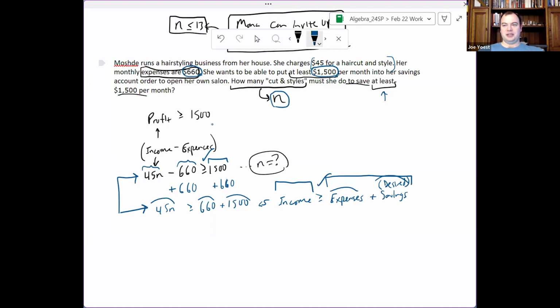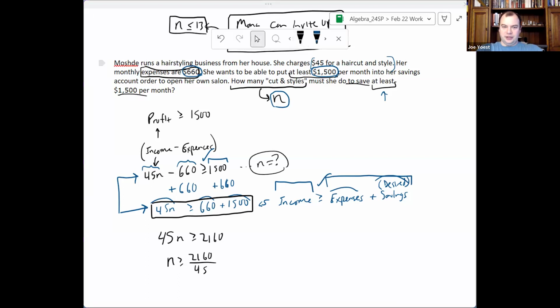But regardless, we get down to the inequality that 45N is bigger than or equal to 660 plus 1,500, or 45N bigger than or equal to 2,160, or N bigger than or equal to 2,160 over 45.